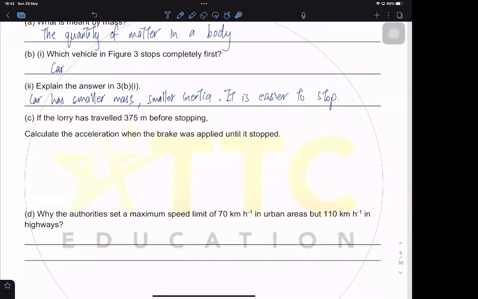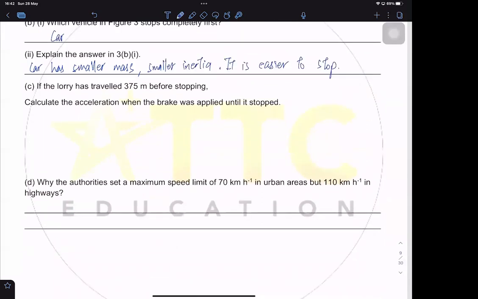If the lorry has traveled 375 meters before stopping, calculate the acceleration when the brake was applied until it stopped. So this is a SUVAT question. How do you tell?